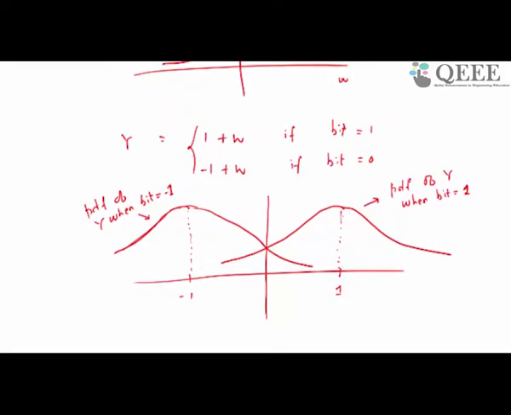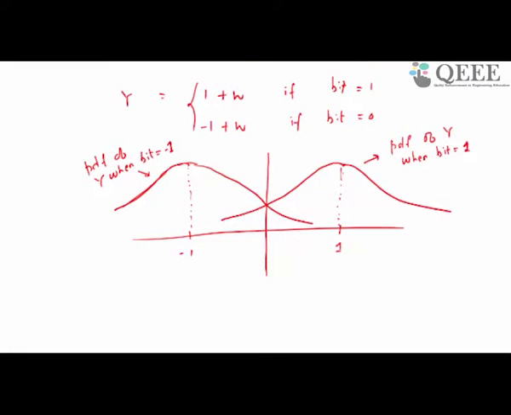Now, clearly the simplest technique you can use to differentiate between bit 1 and 0 is to use 0 as the boundary. For instance, if y is greater than 0, then the PDF of y for bit 1 has higher probability.